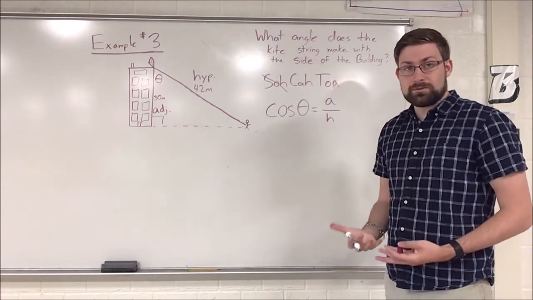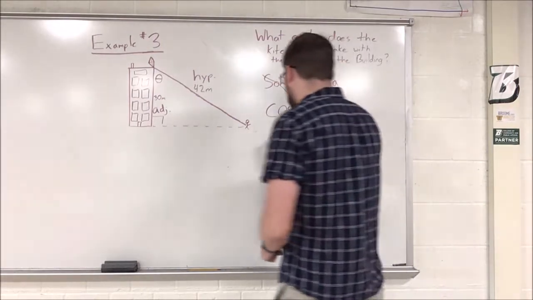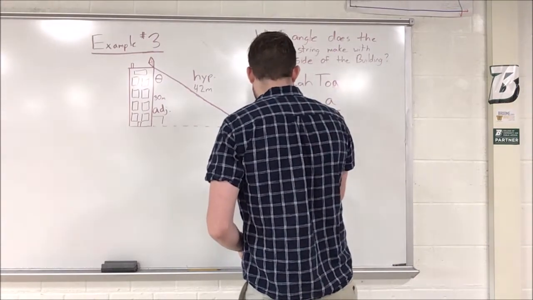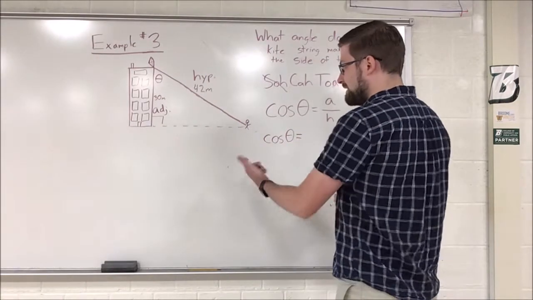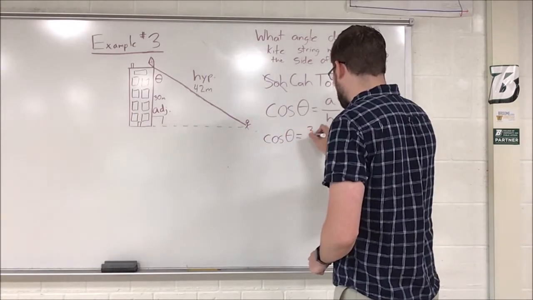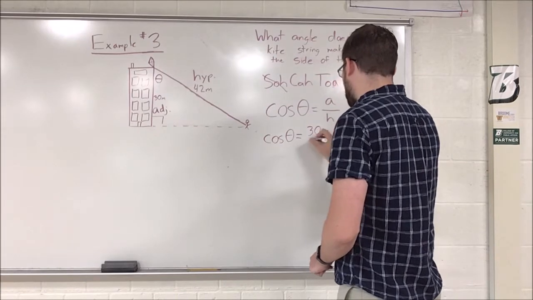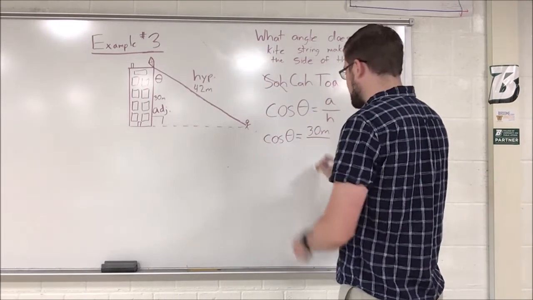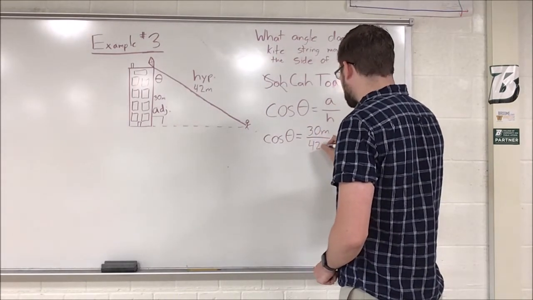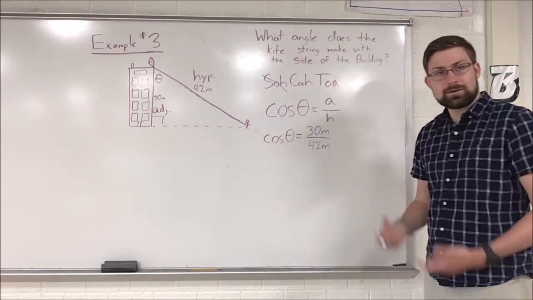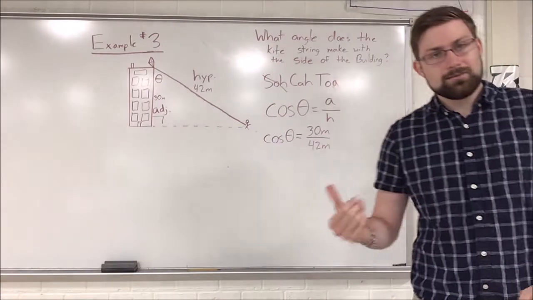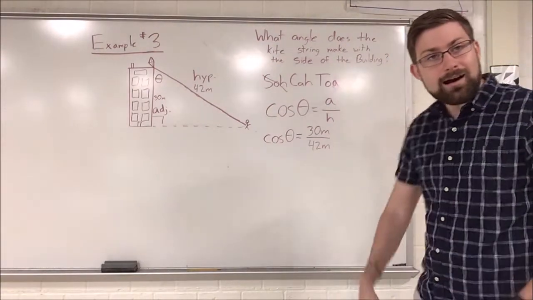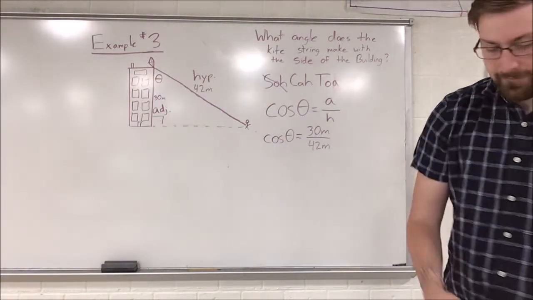Now what we want to do is plug in our numbers. So I'll have cosine of theta, since I don't know the angle yet, equal to our adjacent side, which was the 30 meter tall building, over the hypotenuse, which is that 42 meter long string. Now, since these are both numbers, I can calculate what that fraction is equal to.